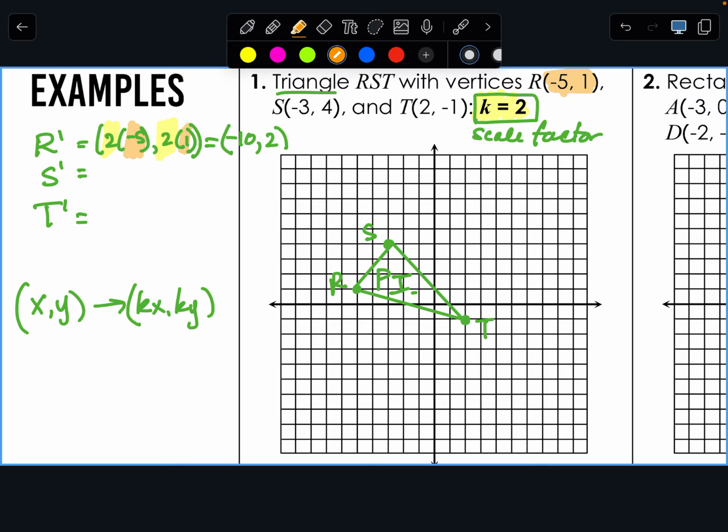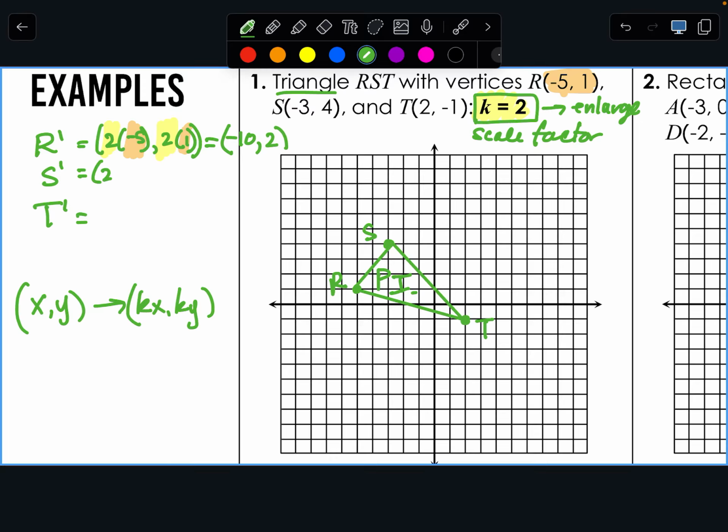All I did was just multiply that. Now, because I have a scale factor that's bigger than 1, I know that this is an enlargement. I know that I'm making this bigger. So when I'm done, my new triangle should be larger than the one that I have.